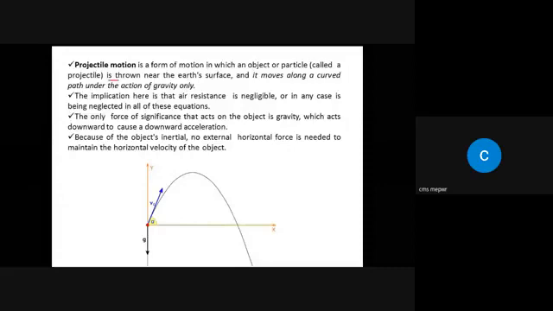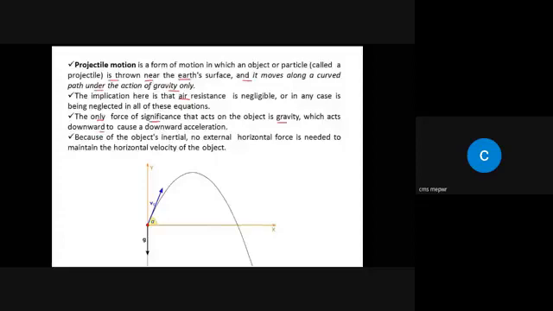It is a form of motion in which an object or particle is thrown near a surface and it moves along a curved path under the action of gravity only. The implication here is that air resistance is negligible, and we neglect that air resistance in our equation. The only force of significance that acts on the object is gravity, which acts downwards and causes that downward acceleration.